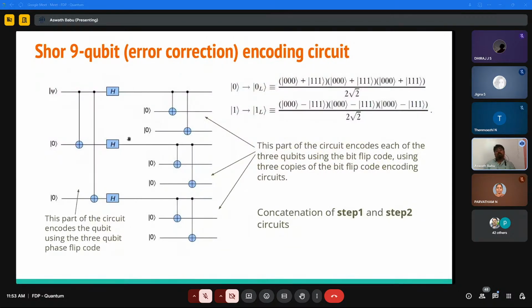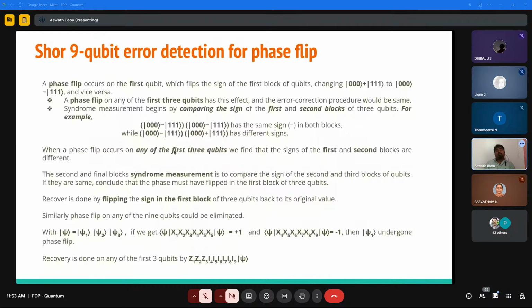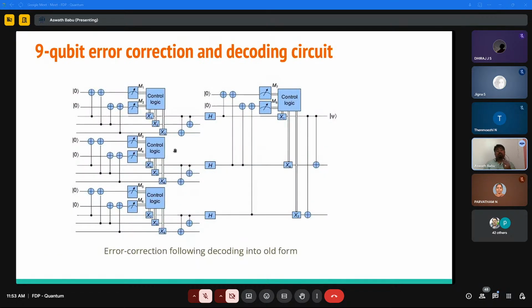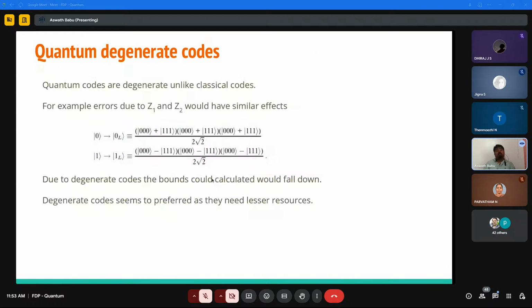So how to encode? The same thing. Every qubit is created into 3 more qubits. This is what we will be doing, and this is what the 9-qubit error correction code would look like. You can see a part of it is a 3-qubit code, repeated 3 times, which means a 9-qubit code for you.